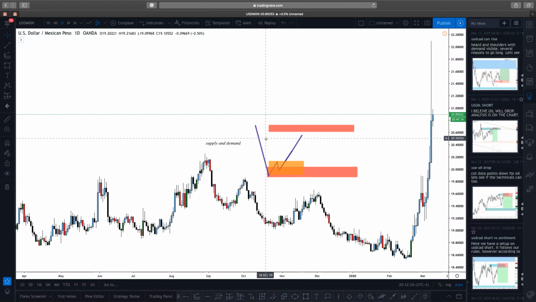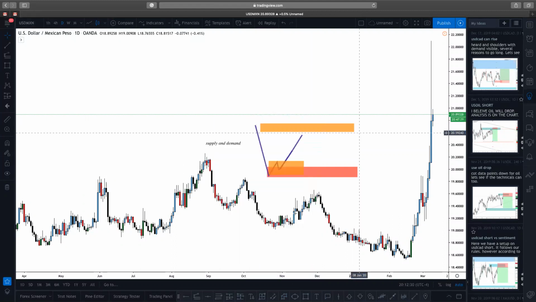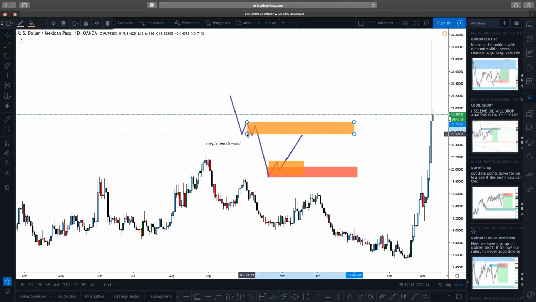So let's say this supply, right here, was a drop base drop, right? So let's say that's supply, right? And we had a drop base drop. That supply is already valid, right?